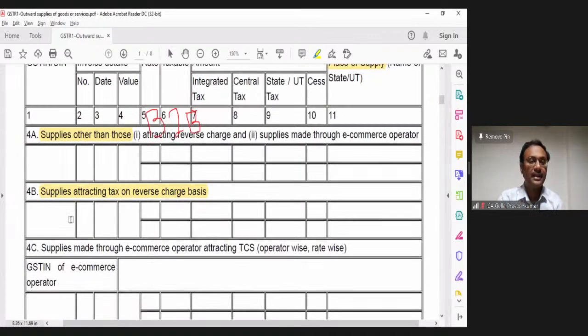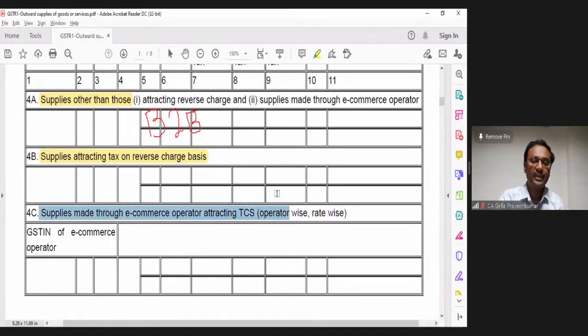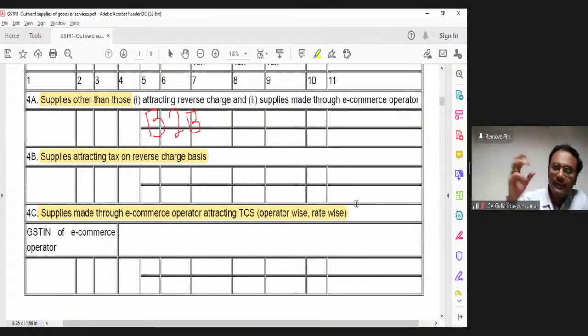Next, supplies made through e-commerce operator. Now, this is one area I would like to draw attention to, most of the students who have exposure, where a client comes and says, sir, I'm a small-time business person. Now, my business is not going well. I've attached my business with, say, Make My Trip. I've attached my business with Amazon or Flipkart.